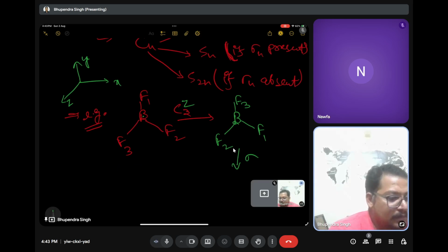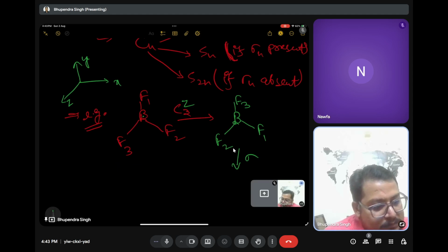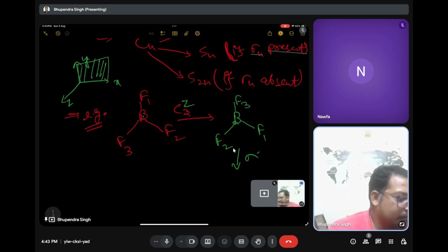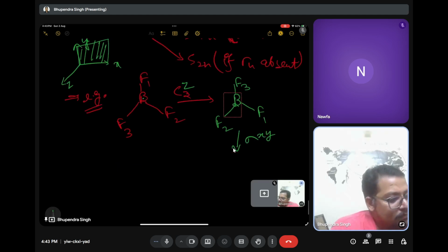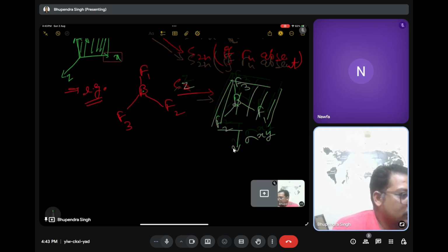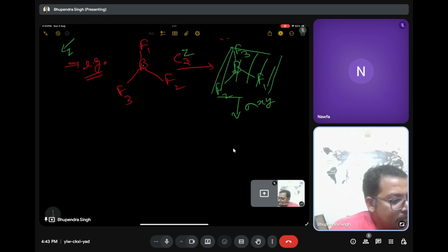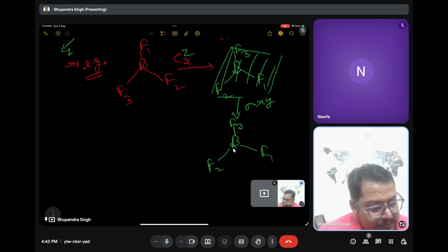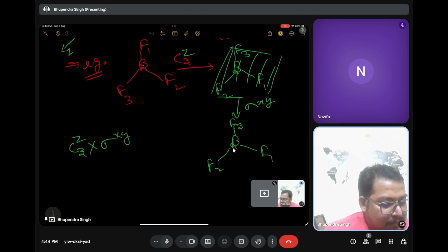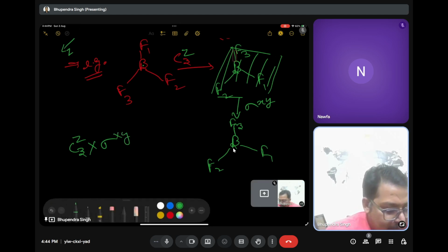In this case, this is your perpendicular, sigma xy. You'll get this orientation, which will remain the same, F3, F1 and F2, which means that C3z followed by sigma xy should be here, xy.